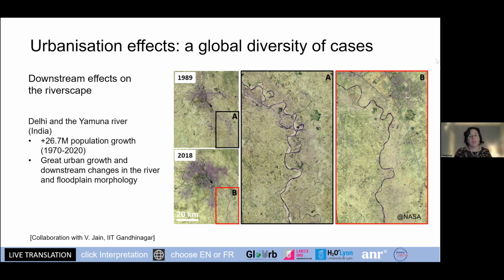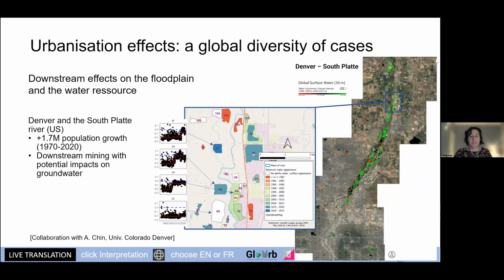You see the urban sprawl between 89 and 2018. But this comprised not only the city itself, but even downstream. You see the two graphics on the right-hand side, the 2 years, 89 and 2018, where clearly there has been a change in the river landscape with fewer secondary branches and fewer floodplains versus what existed in 89.